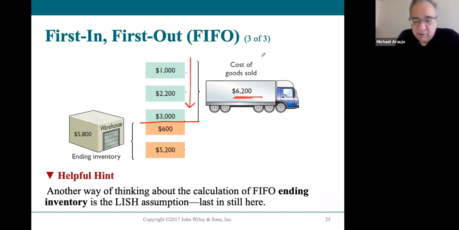So that's why they're part of cost of goods sold. The ones that are still in the store are all of the 400 units from the end of the year, November's purchase, and 50 units are left over from the August purchase. Their value is $600 because 50 times 12 is 600 bucks. And that's still ending inventory.